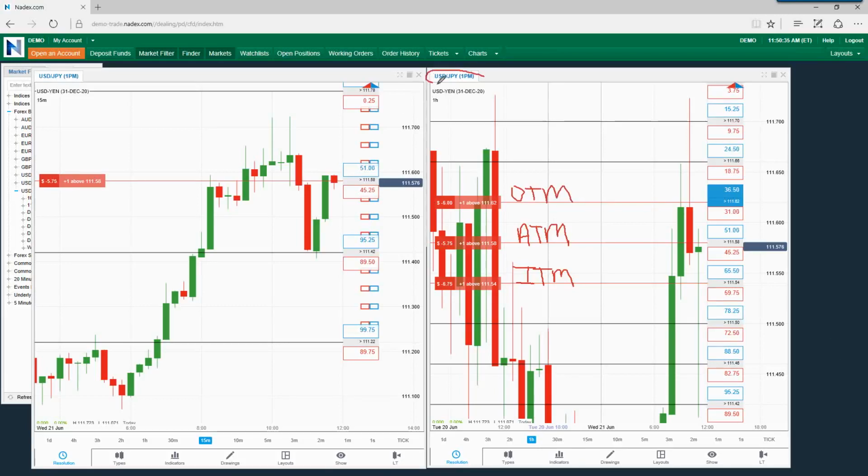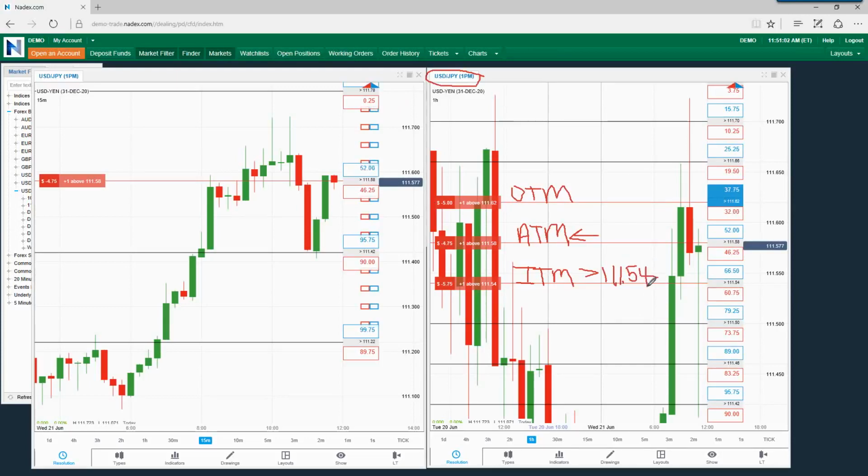Now, you have until 1 p.m. expiration. In order for this one to make money, price has to get above 58. Now, this one will make money as long as it stays greater than 111.54. That's your strike price.